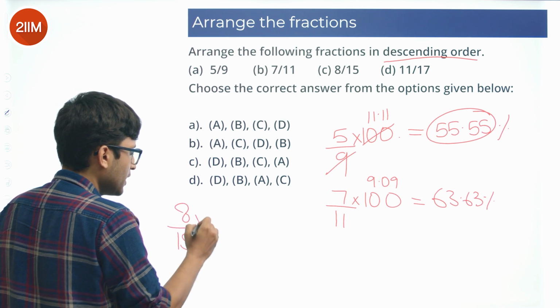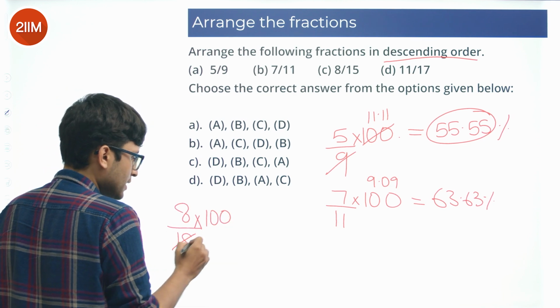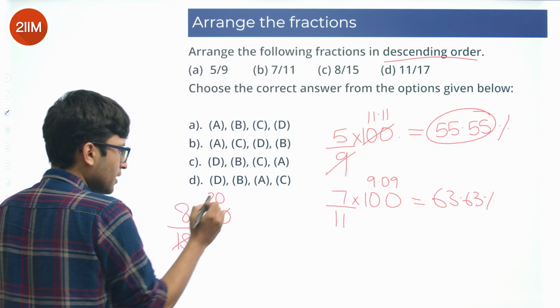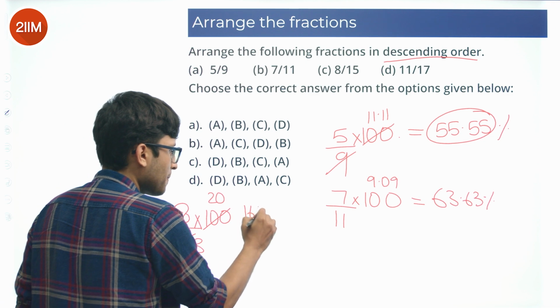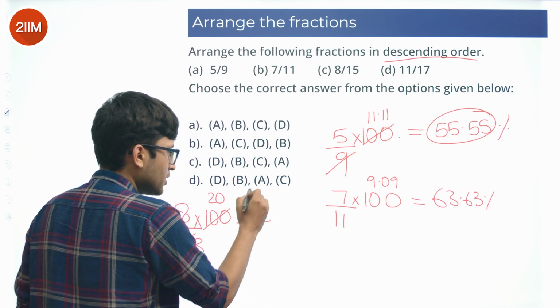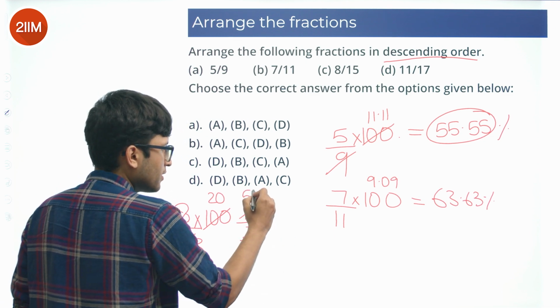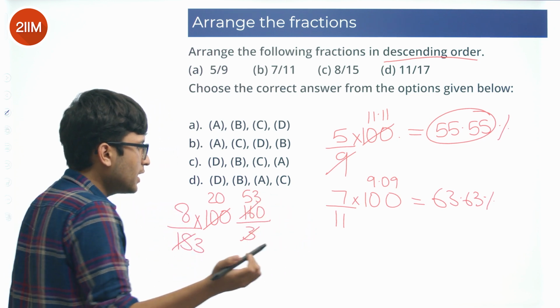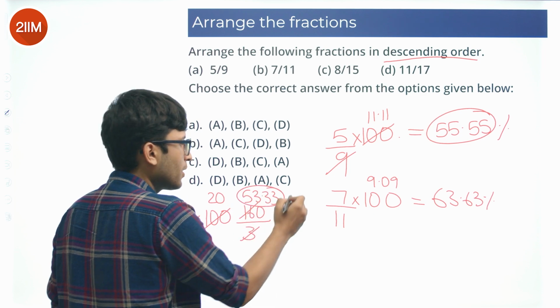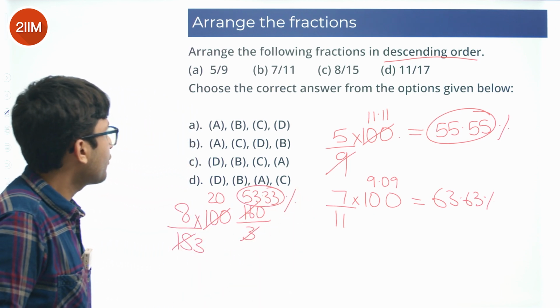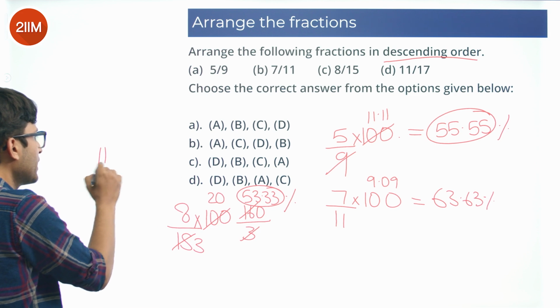If I convert it into a percentage, I get 800 by 15, which would be equal to 160 by 3. 5 threes are 15, and then 10, so 53.33%. Okay, I got 3 values, and now the final one, 11 by 17 into 100.